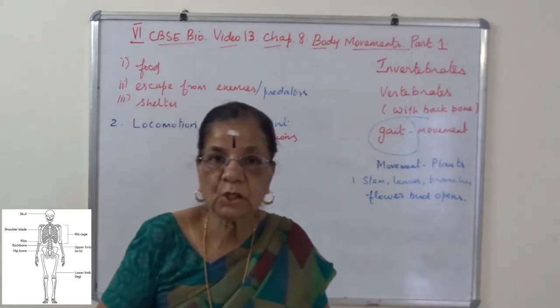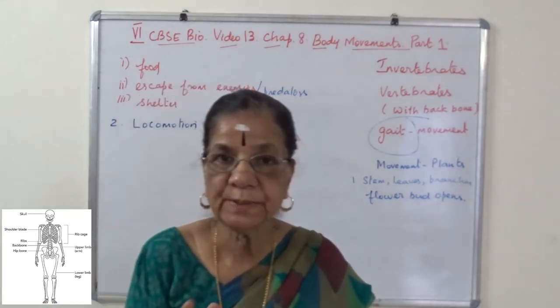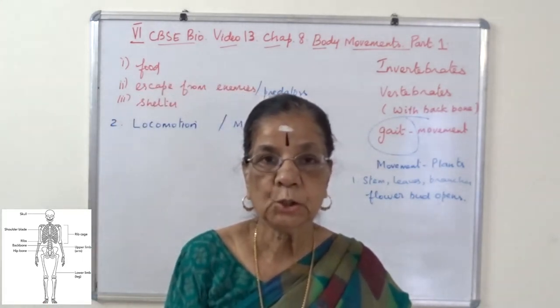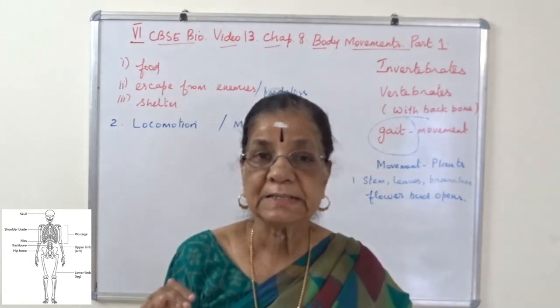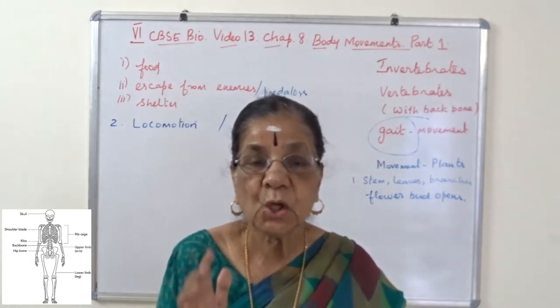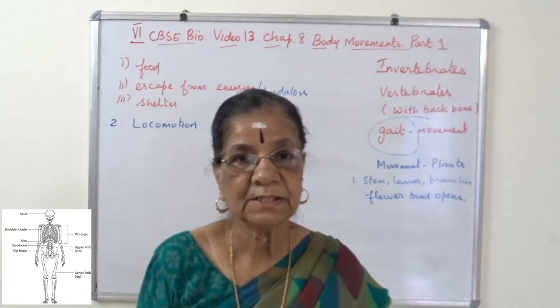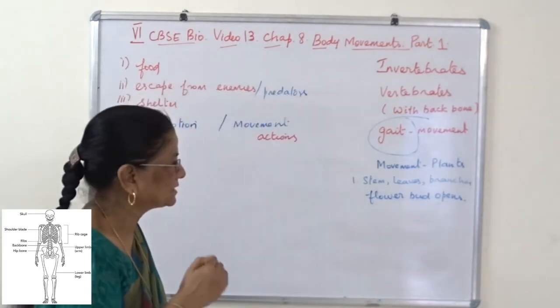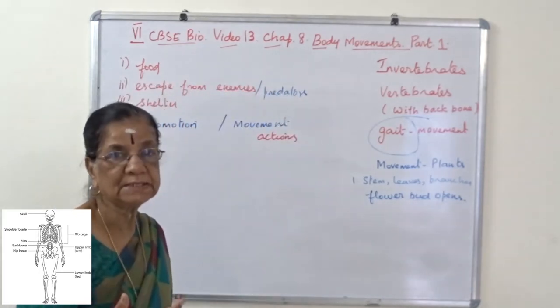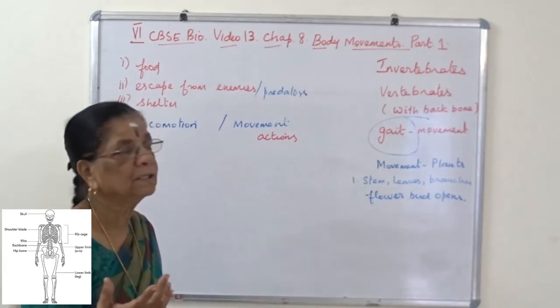Plants will not move from place to place, so we don't use the term locomotion. At the same time, plants will show movement. That is, they move their stem, leaves, branches, and the flower bud opens.